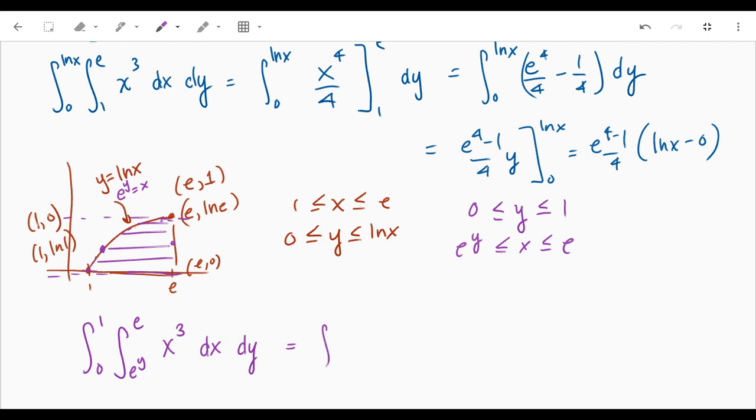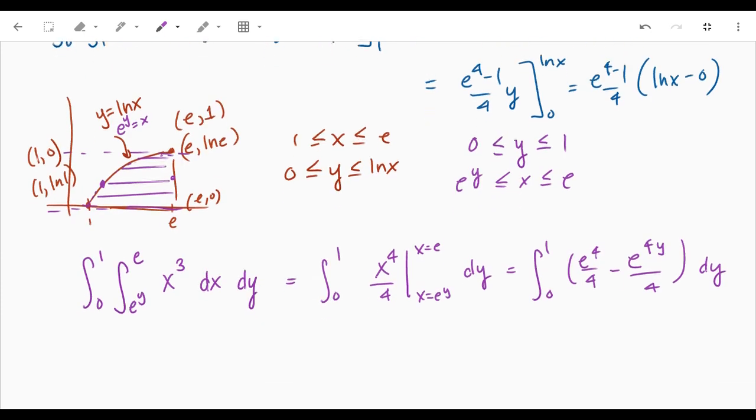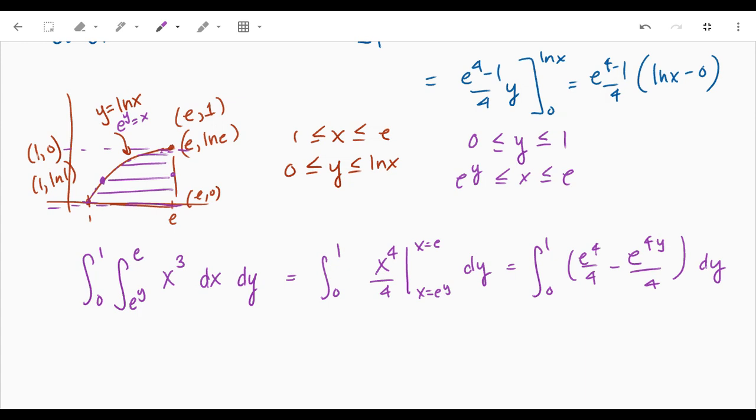So then x to the fourth over 4, evaluated from x equals e to the y to x equals e. E to the fourth over 4 minus e to the 4y over 4. And now I can integrate that. E to the fourth over 4 is just a constant.